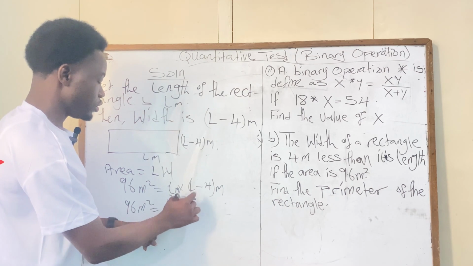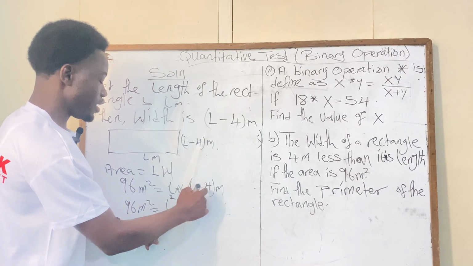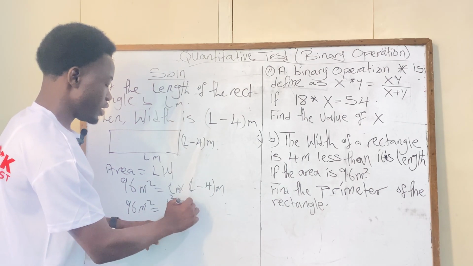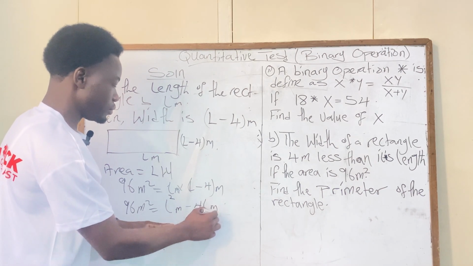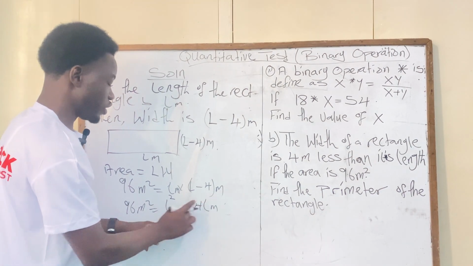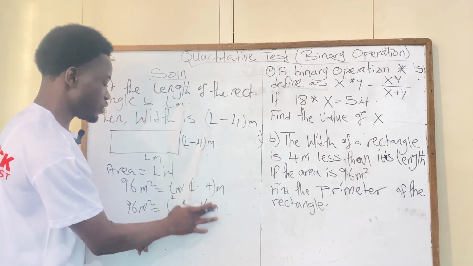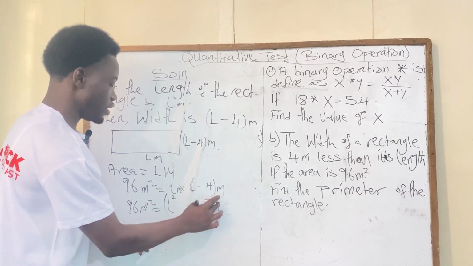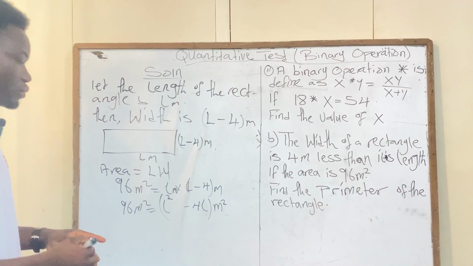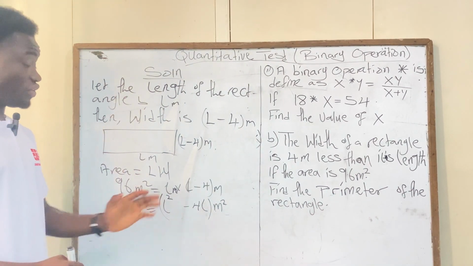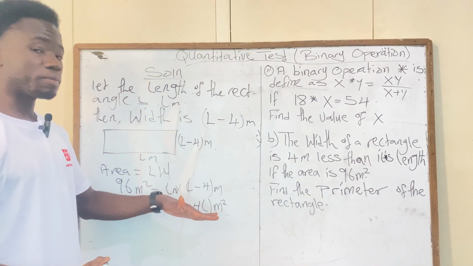Then this and this will give you minus 4L meters squared. Because of that, I will just put the whole thing in a bracket and say meters squared. All right, this is very key.